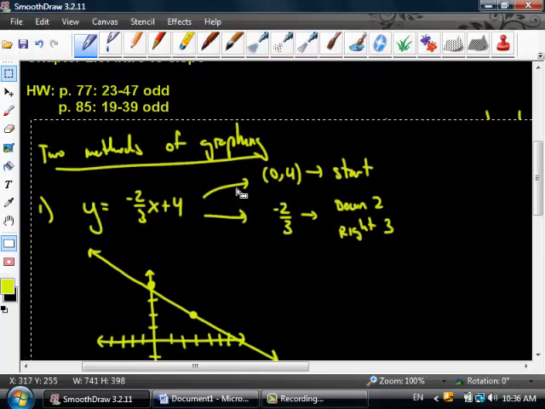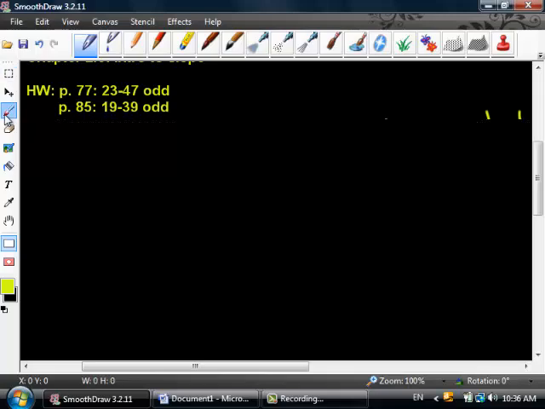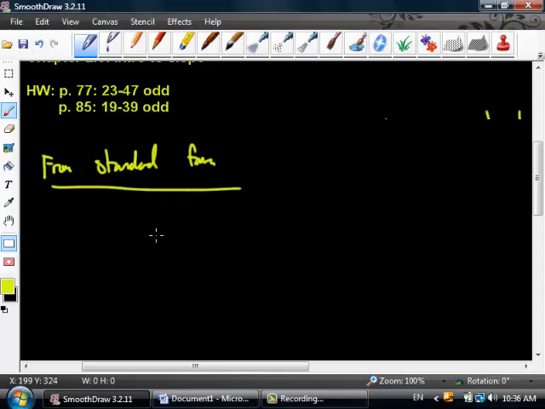Pretty simple. All right, graphing from standard form. You have 2 options that you can use on the quiz. 1, you can either convert to y equals mx plus b, which is what we learned. You can solve for y and then graph it. Or you can use the intercepts to graph your equation.